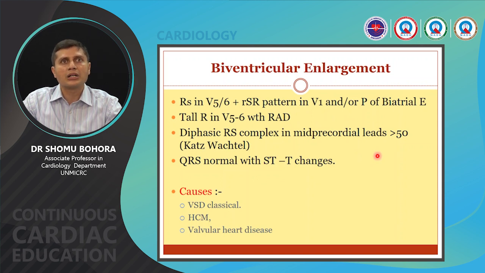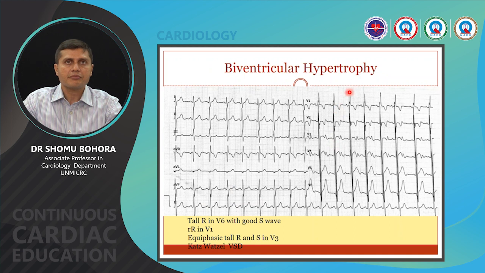It's very important to understand that diphasic RS complexes in mid-precordial leads, if more than 50 millimeters, are called Katz-Wachtel, seen classically with VSD. Biventricular hypertrophy in this ECG is characterized by RVH with V1 being monophasic and V5, V6 having tall R waves with lesser S waves.